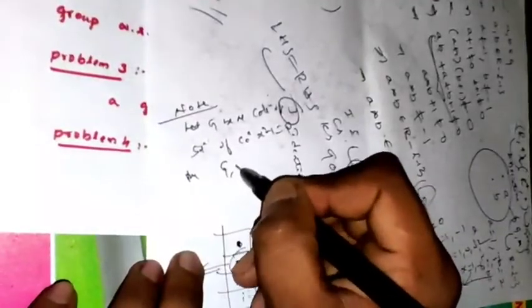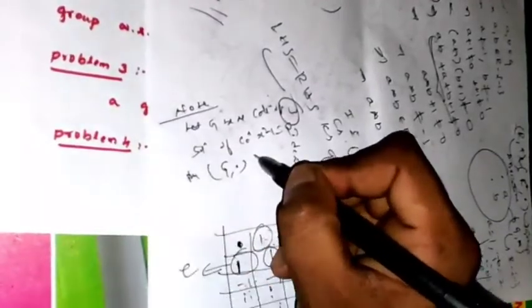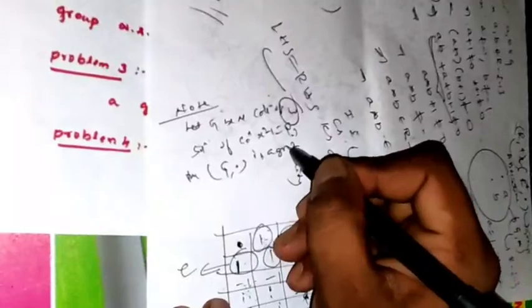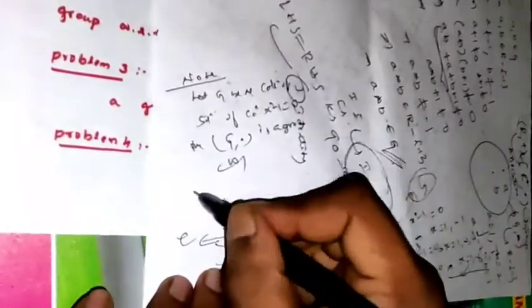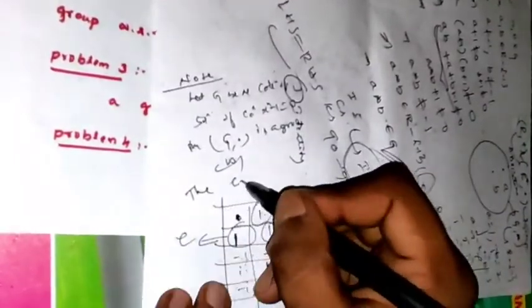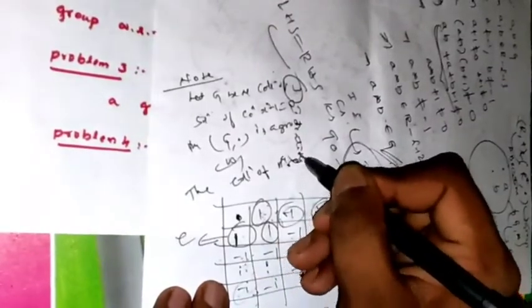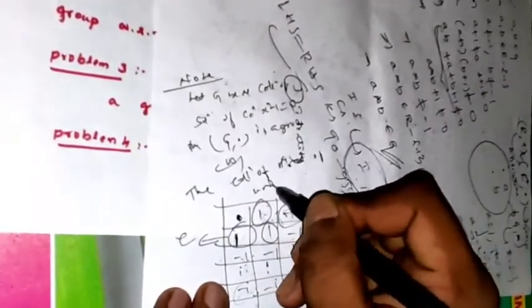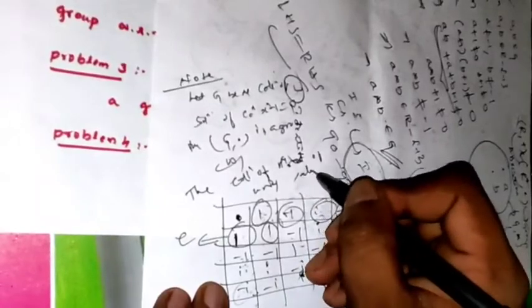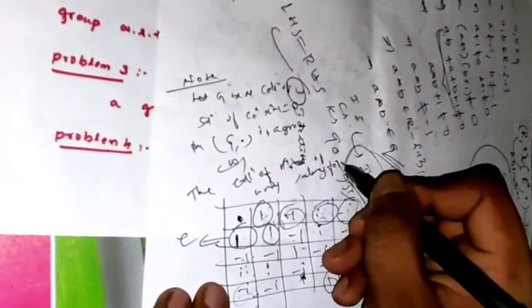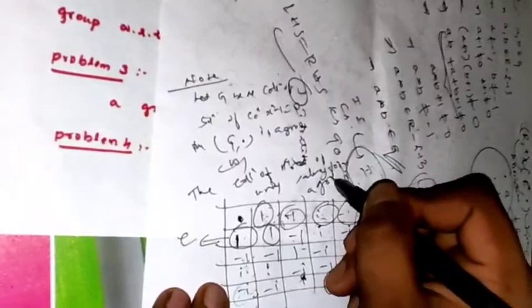Then G, dot is a group. Or we can write this statement like this also: the collection of nth roots of unity always forms a group.